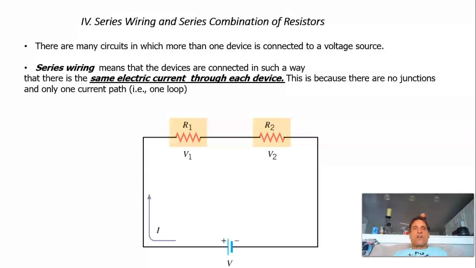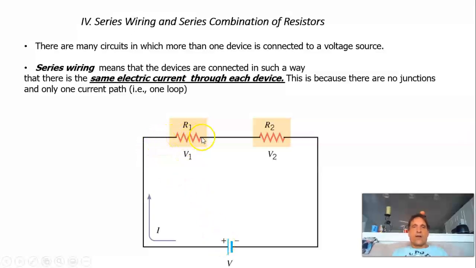Series wiring basically just means that the elements are connected one after the other, and they're connected to form a single loop. Here you have your 9-volt battery, and we connect it to one end of the first resistor at the positive terminal.